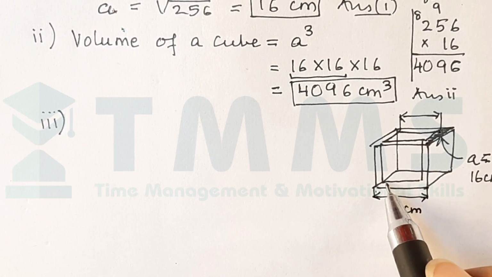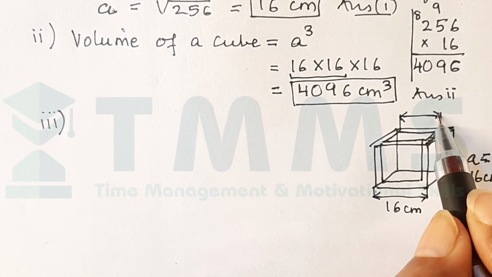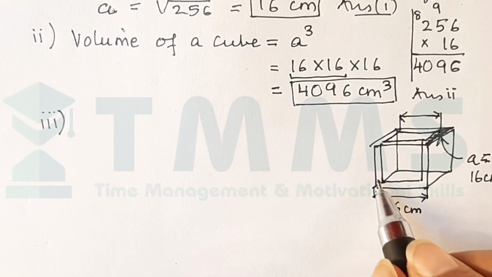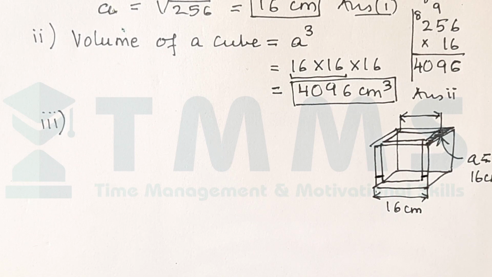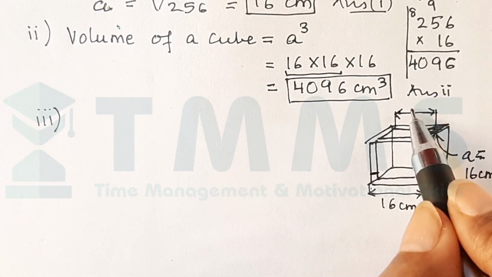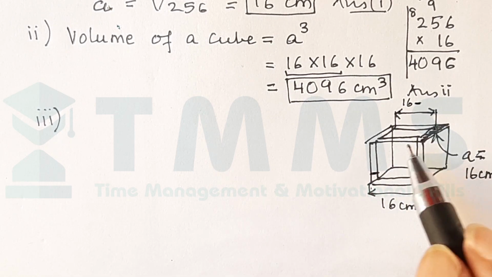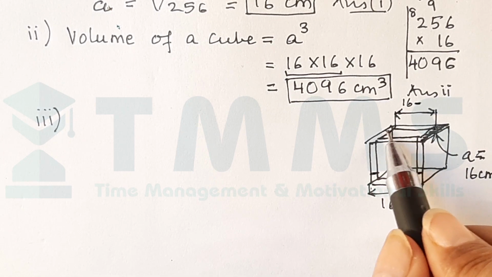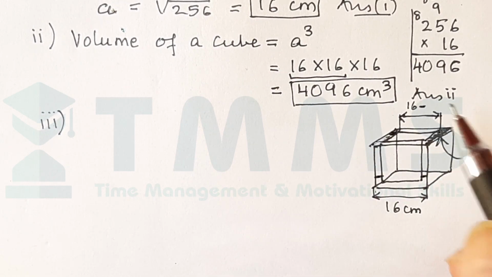But now if you look at the inner dimension, just like this inner dimension over here, it's going to be 1 centimeter less and 1 centimeter less. Are you getting that? So the inner dimension will be 16 minus 1 centimeter gone from this side and 1 centimeter gone from this side.